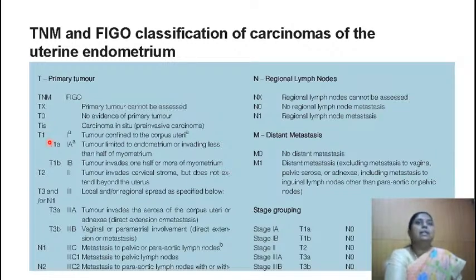What is that? T means tumor, the size of the tumor, and how much of the surrounding tissue has been invaded is taken into T. N means how many lymph nodes and which lymph nodes are affected. M means distant metastasis, and all three are taken together.